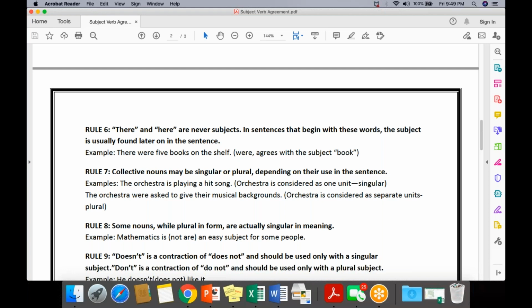Who is going to give me more examples for nouns which end in s but are not plural? Economics, United States, athletics.